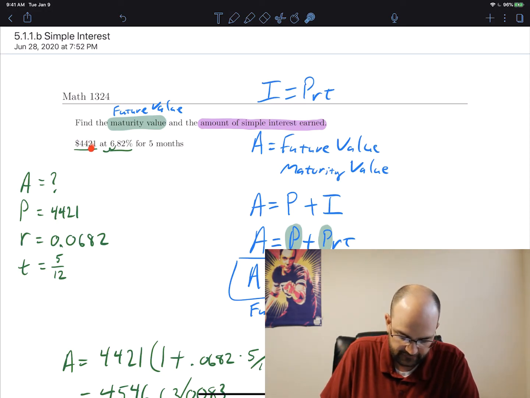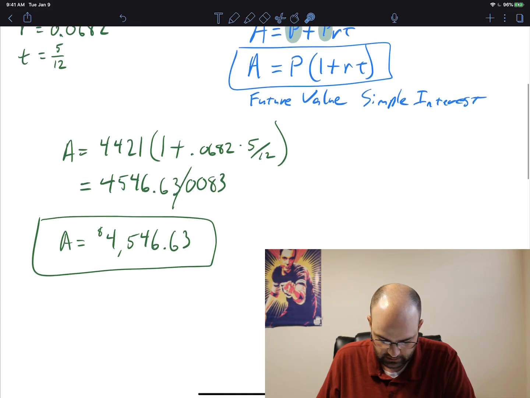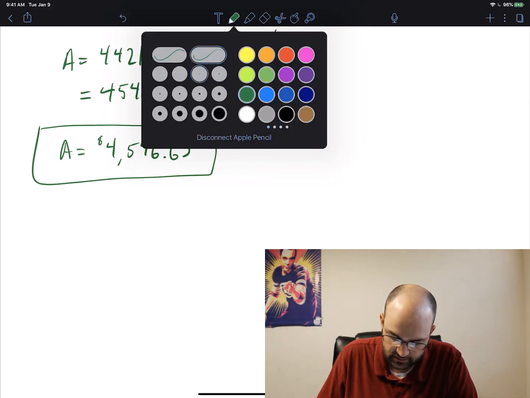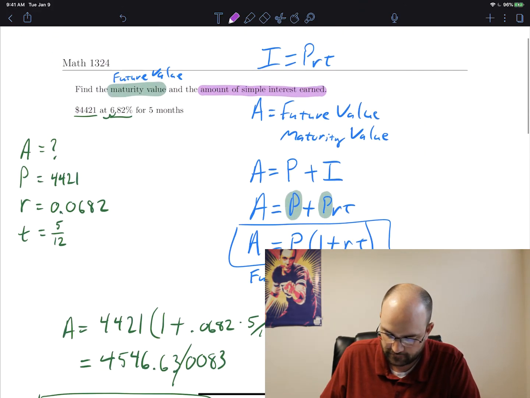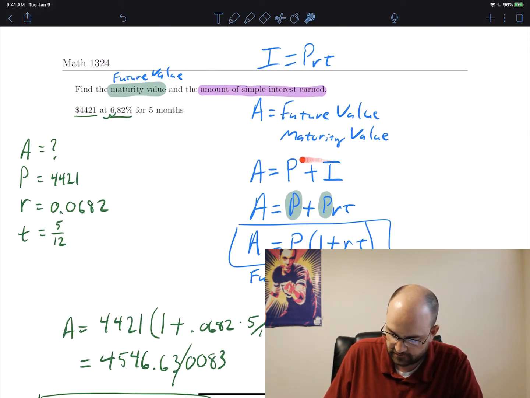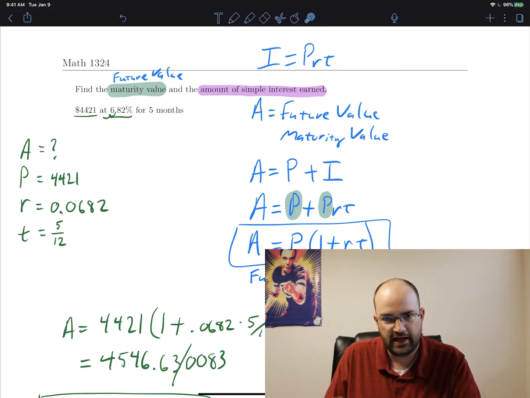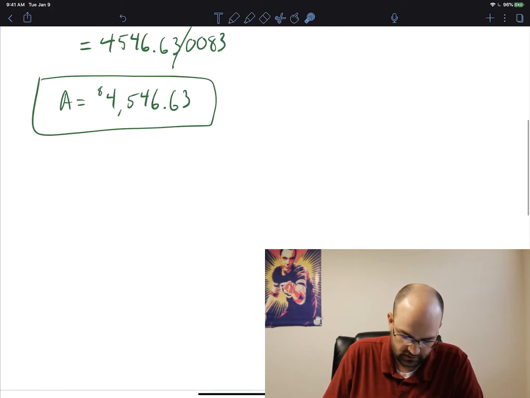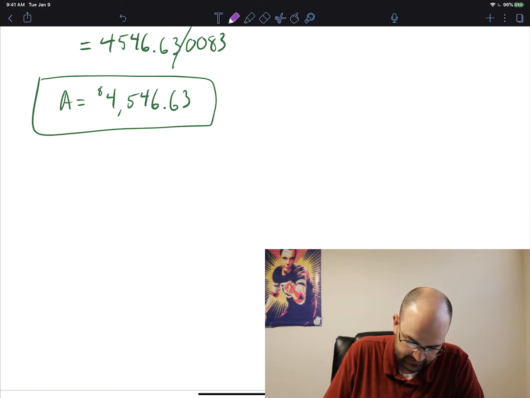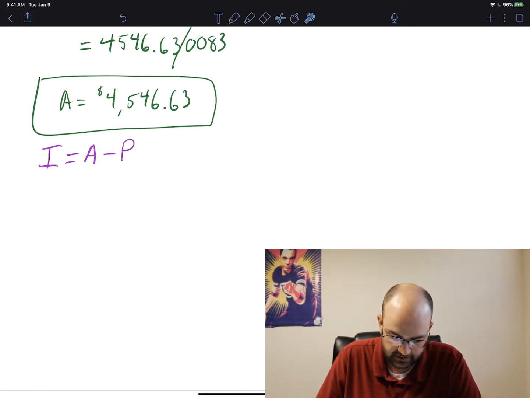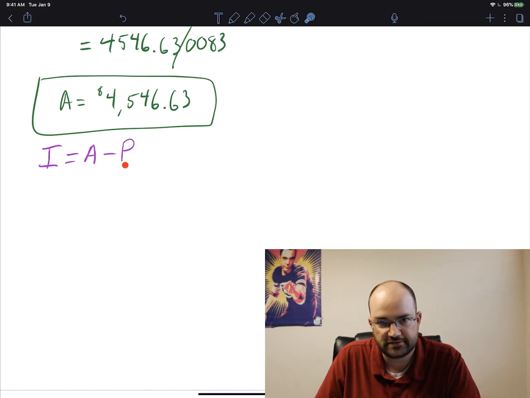But notice that we had 4421 to begin with, and we know that the future value is this. So there's one thing you need to keep in mind. There is a formula, well, it's not really a formula. It's a rearranging of A equals P plus I to get I by itself. That I is the interest. So the more basic definition of I is that it is the future value minus the present value. In other words, the maturity value minus the present value.